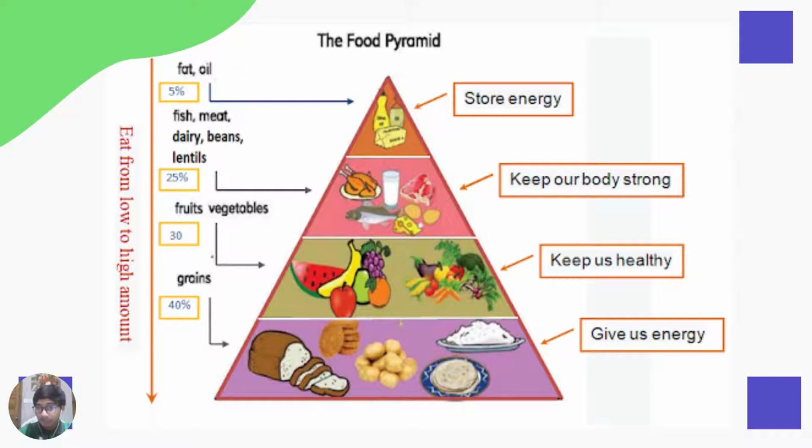Now, out of the rest 70%, 30% of our diet should include fruits and vegetables, which will provide us with vitamins and minerals, which are very important. You guys know that because we have done that in our previous lessons, right? And the rest 40% should be eaten as carbohydrates. Carbohydrates are very important. They give us energy, right? So we need them about 40% in our daily diet.